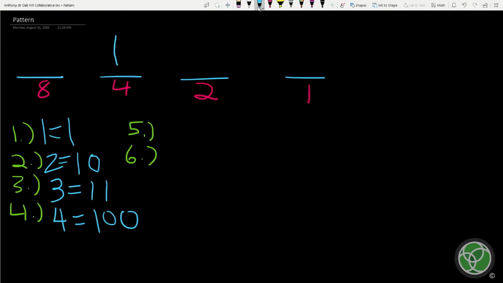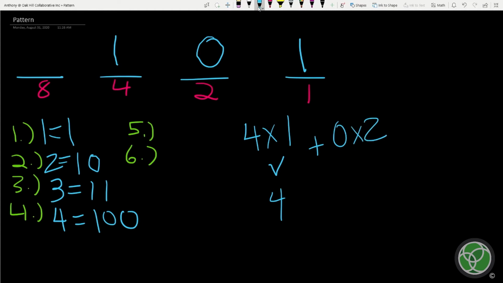4 plus 2 is 6. That's too much. So we're going to turn off number 2. But 4 plus 1 is 5. We're going to turn on number 1 by putting a 1 in the spot. Now, to run our check, we're going to do 4 times 1, 4, plus 0 times 2, 0, plus 1 times 1, 1.